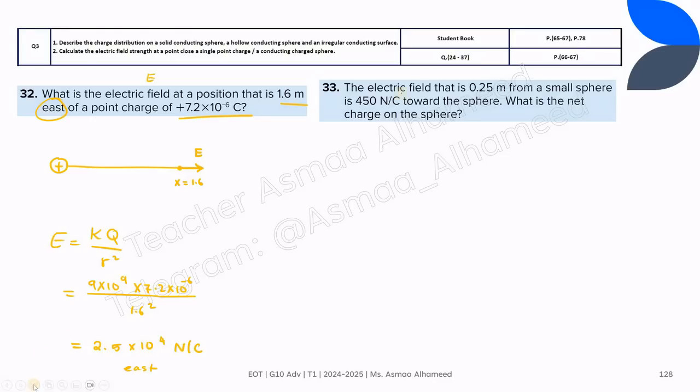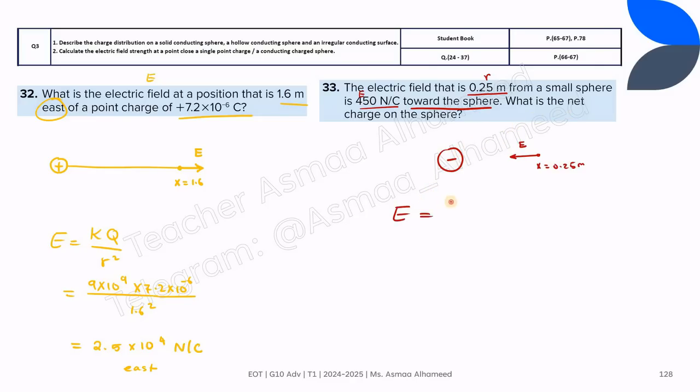Here we have the electric field, at 0.25 meter, so this is r, from a small sphere is this much, this is E, towards the sphere. Here is my sphere, and at the point x is equal to 0.25 meter, the electric field is towards the sphere, so this is a negative charge. What is the net charge on the sphere?